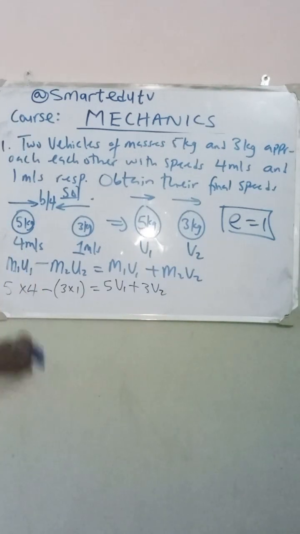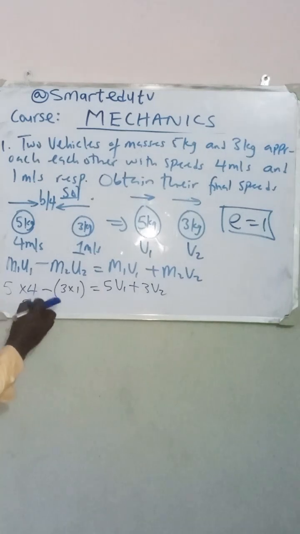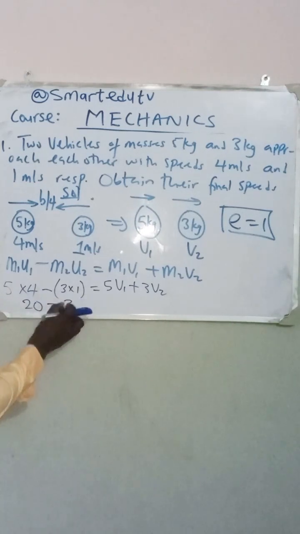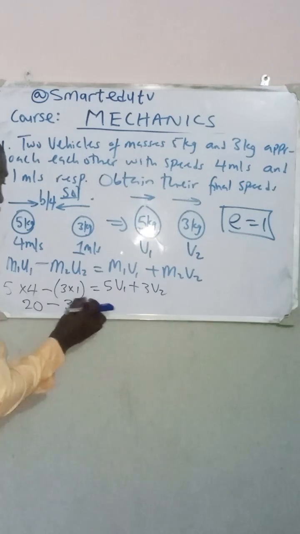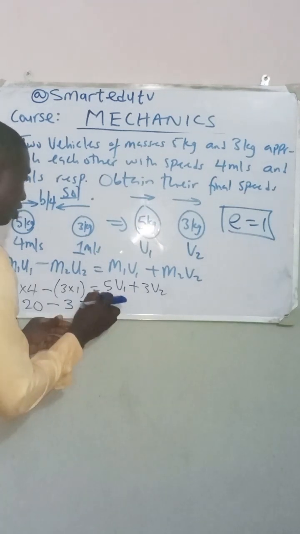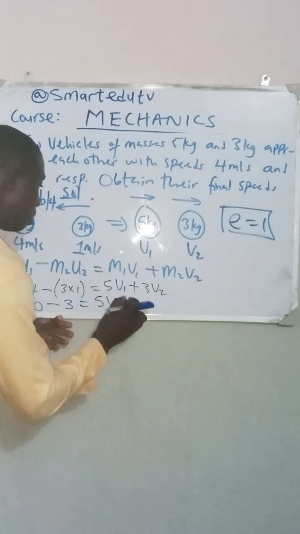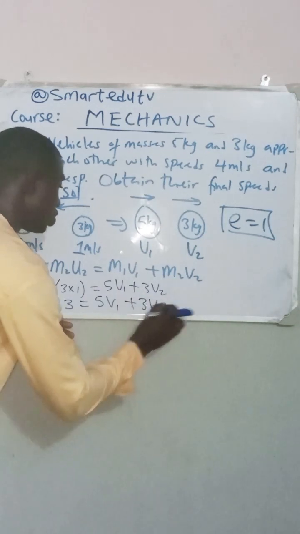If I write this well, this will give me 20 minus 3 should be equal to 5 V1 plus 3 V2.